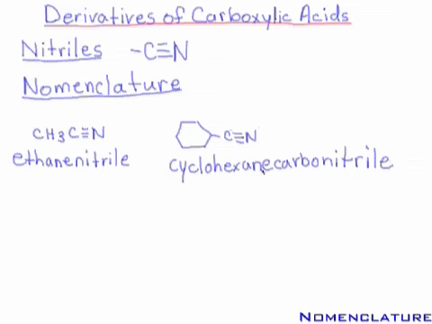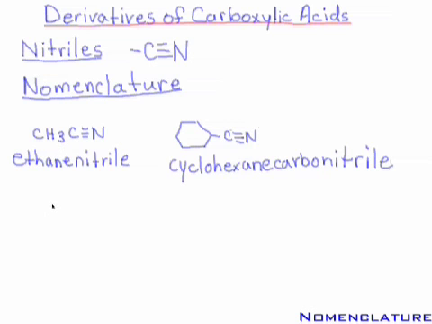Common nomenclature is to replace the "ic acid" with the word "nitrile". However, if the root lacks the letter O, an O is often added in between the dropped "ic acid" and "nitrile". For example, the common name for the 2-carbon carboxylic acid is acetic acid.